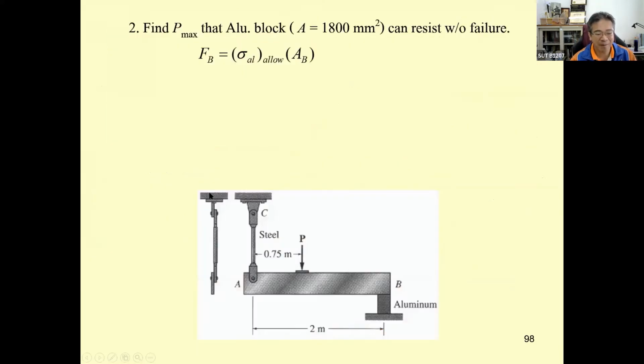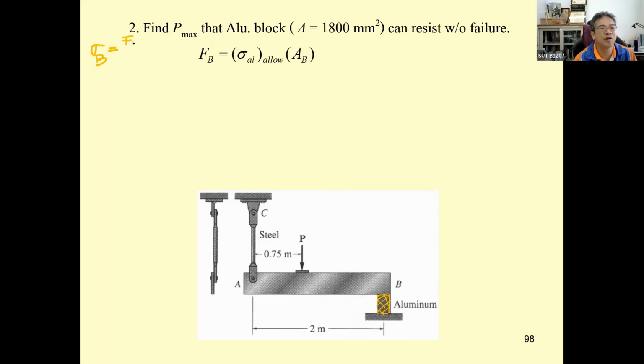Next, we come to the aluminum block. Okay, this one is going to be the aluminum block. We consider the failure of this one. Again, this one is going to be sigma of what? Of F sub B, equal to the force over here.